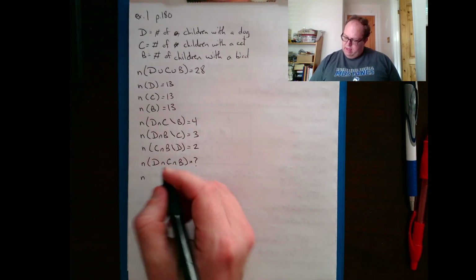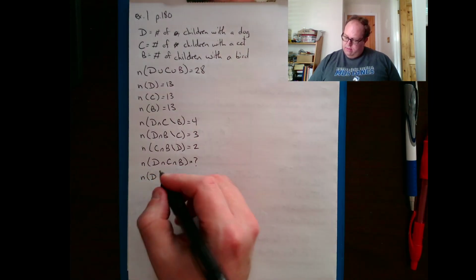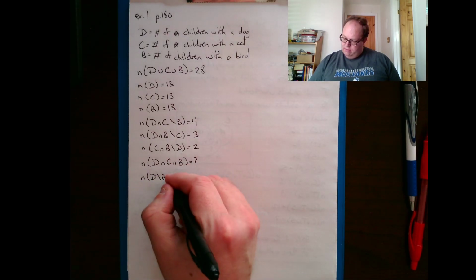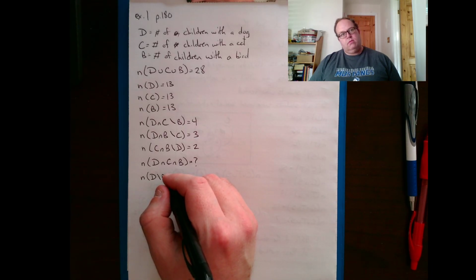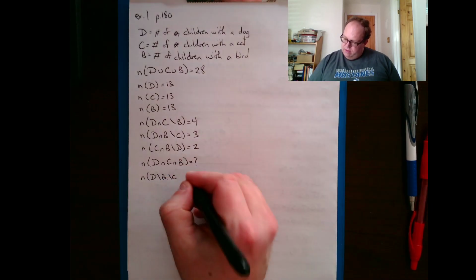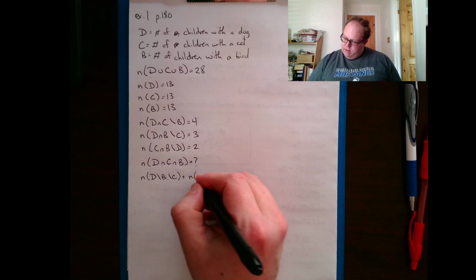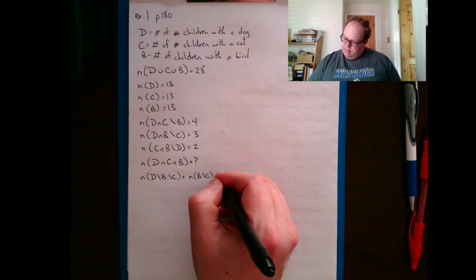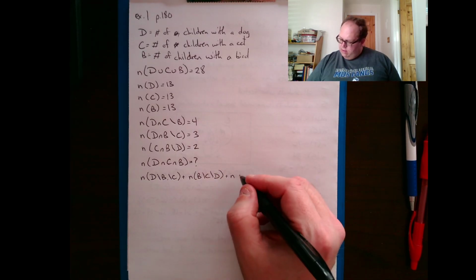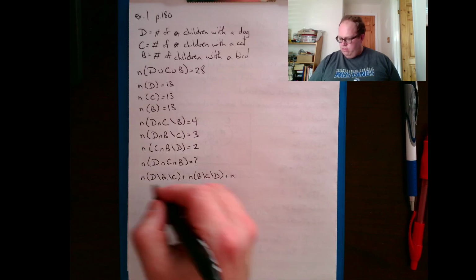And so that's going to be the number in D without B and C. I want to make sure I get this intersection notation right. It's going to be the number in D without B and without C, plus the number in B without C and D. And, yeah, there was a better way to write that.